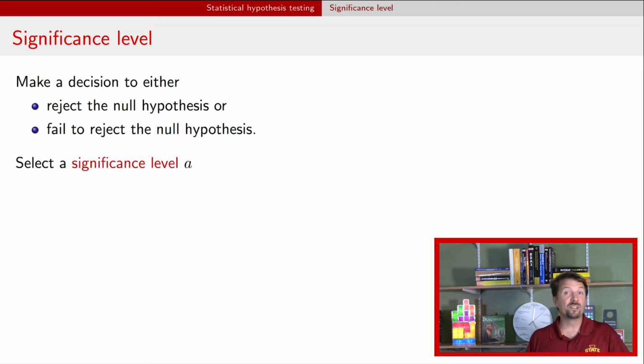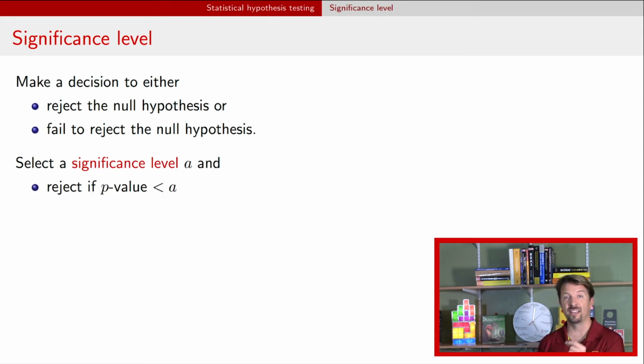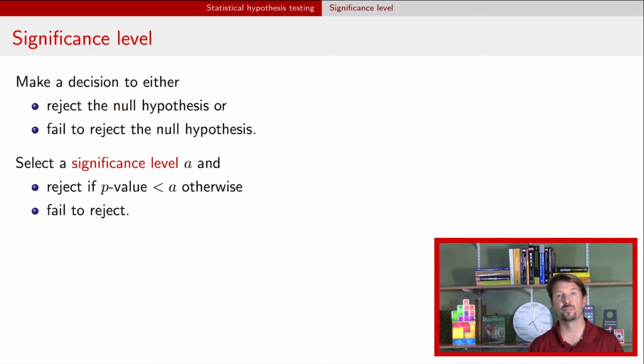And so typically what's done is to assume beforehand a significance level that I'm referring to as A. This significance level is set up such that if the p-value is smaller than that significance level A, then you say we reject the null. And if it's not smaller, you say we fail to reject the null. So now we have a way to make a decision. Typical values for A are things like 0.05, 0.01, 0.001, something like that.